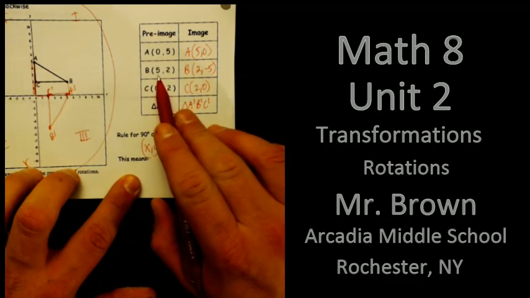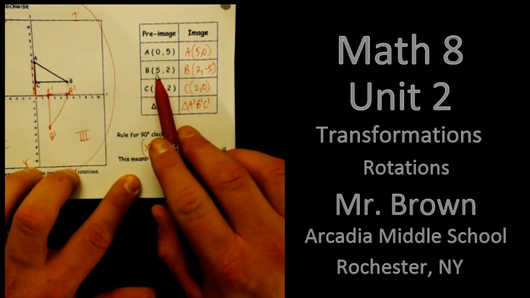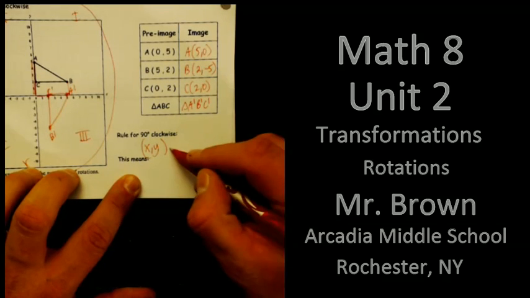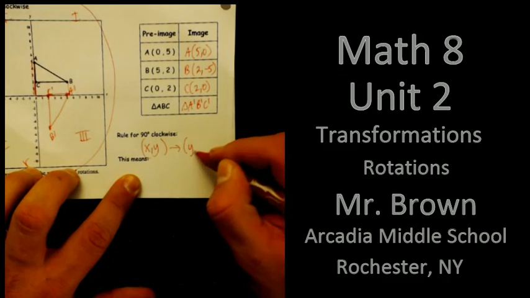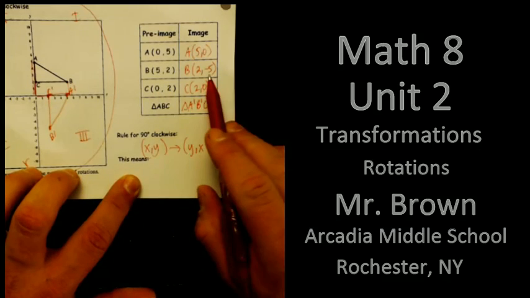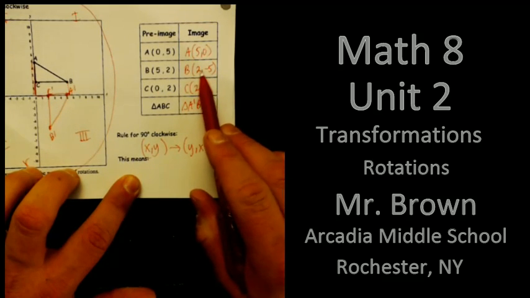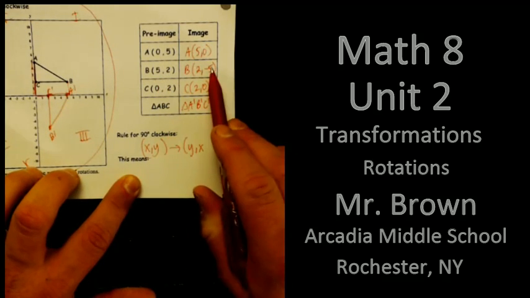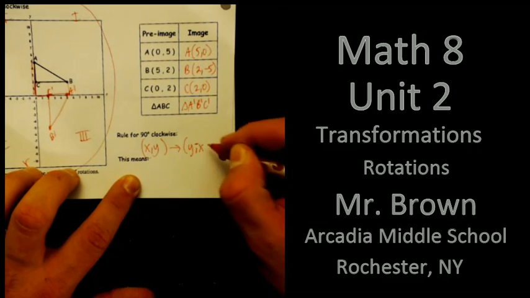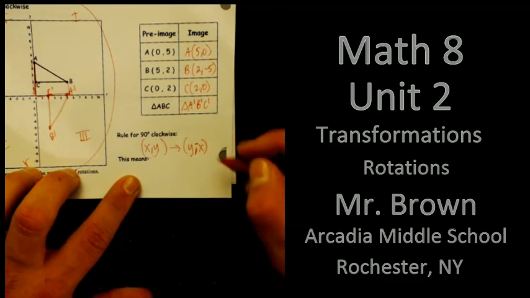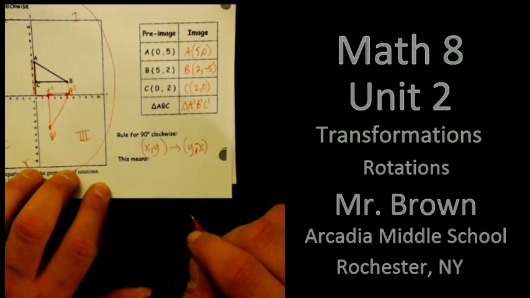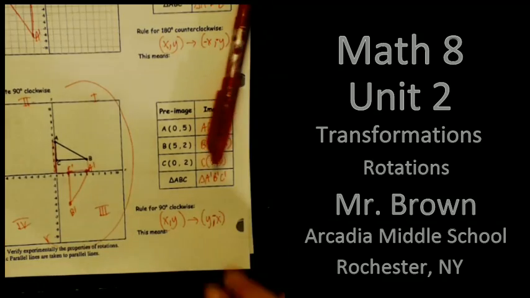Let's look at this one. I'm going to stay away from the zeros. What happened is these flipped around. And guess which one of these gets the negative? The first position or the second position? Well, it's right there. Look, the second position gets it. So it's Y, -X. So that concludes rotations and how you do those.